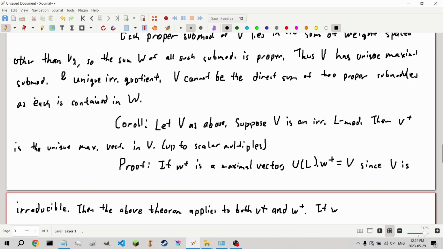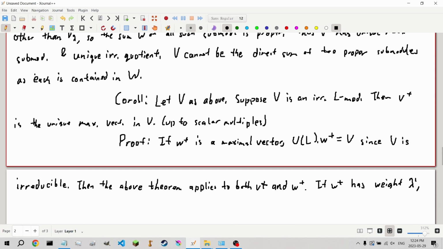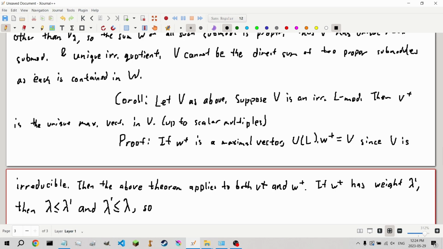If our W plus has weight lambda prime, we know then that the weight of W plus has to be less than or equal to the weight of our maximal vector lambda, and likewise lambda is less than or equal to lambda prime. So lambda equals lambda prime.